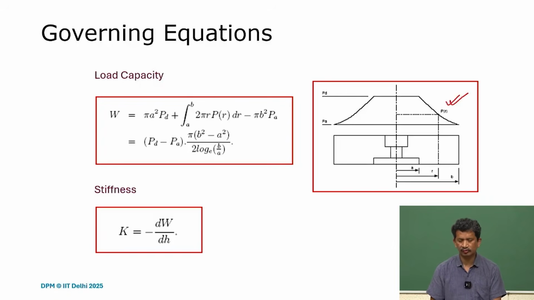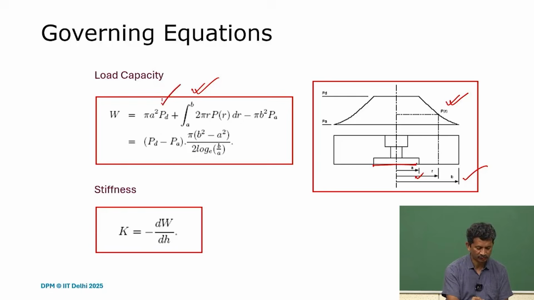So what would be the pressure distribution? Once we integrate P over area, so P times dA, we can take an annular region and integrate from A to B. What we see here, in the pocket, this region, the pressure is constant, which is PD.